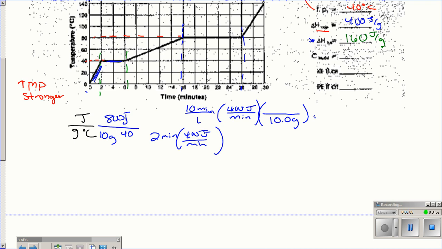Yeah. What, 20 joules per gram degree Celsius? Double check my math, people.